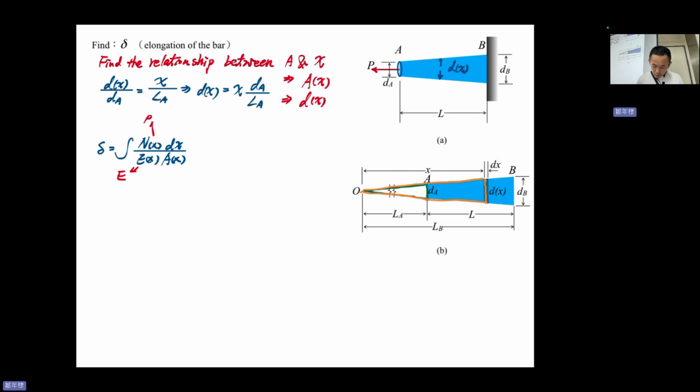So your A at x equals pi d squared x divided by 4, which is pi dA squared x squared divided by 4LA squared.